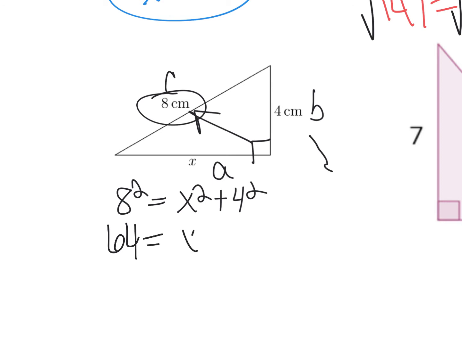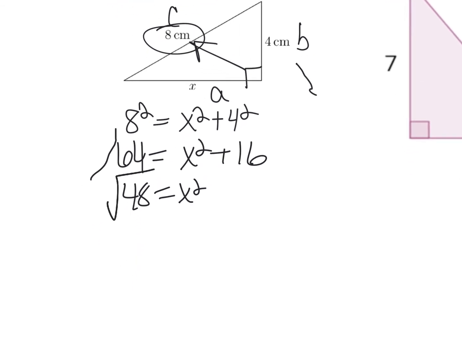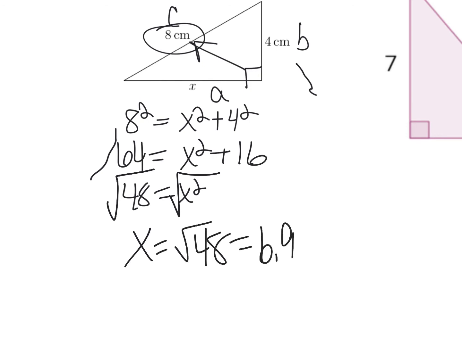So you'd have 64 equals x squared plus 16. If I subtract 16 from both sides, I get 48. And then again, my last step here is I need to make sure that I take the square root of both sides. So I get the square root of 48, which is approximately 6.93.